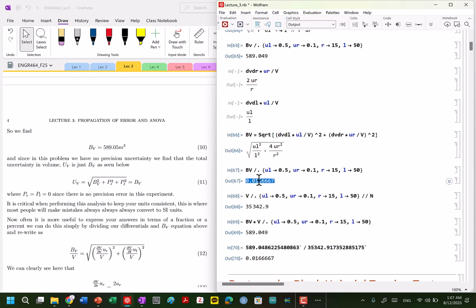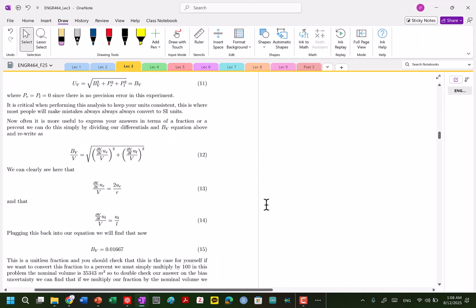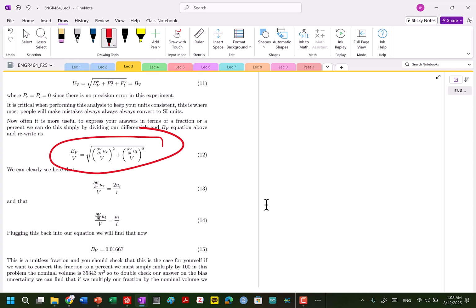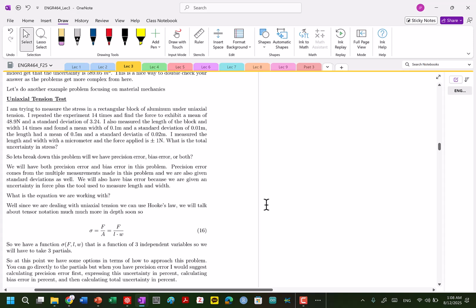If I want percent, I multiply this by 100, but you can see the picture. You can take that extra step and leave it in a ratio. If you need a number, and eventually you do because you want an error bar plot, you can do it that way to get that final value. This is a very attractive way to work with and solve these problems. So I would typically always put this in a ratio, and you can see how important it is in the next problem.